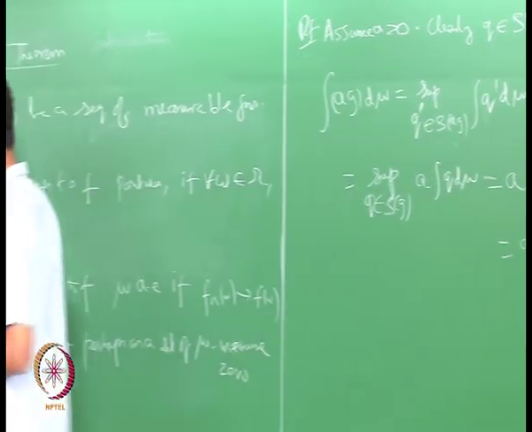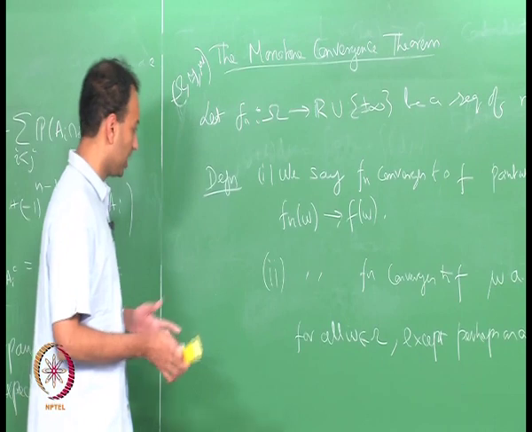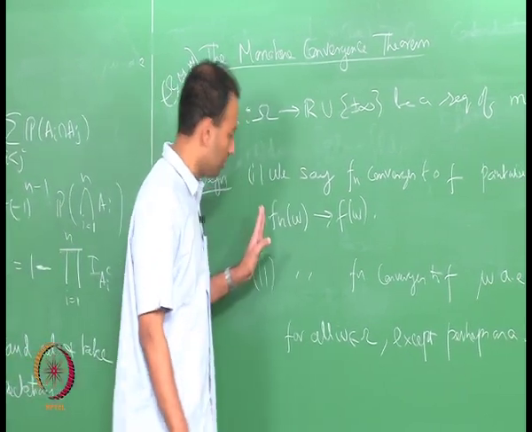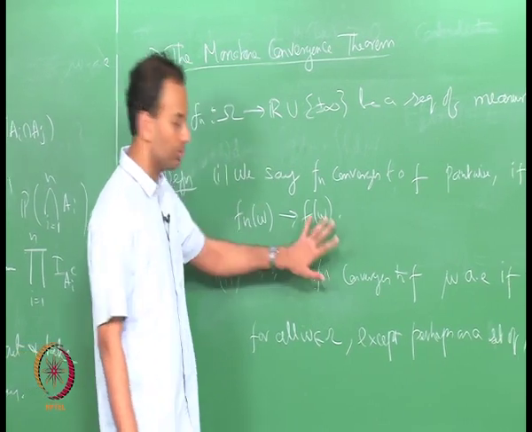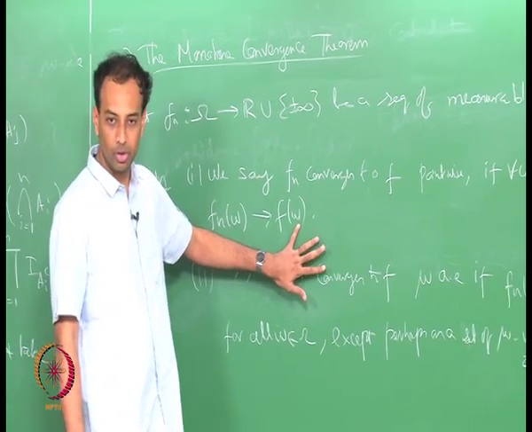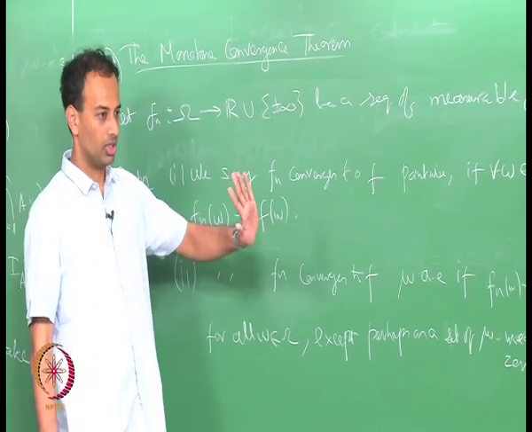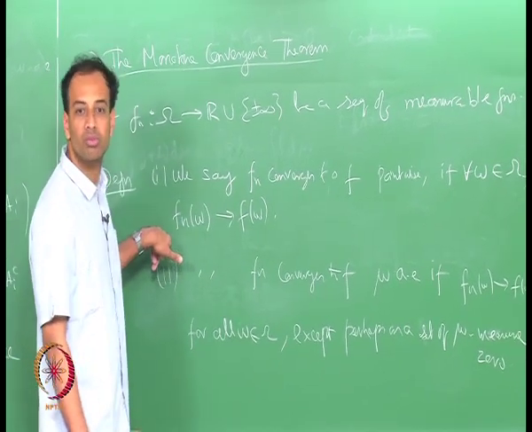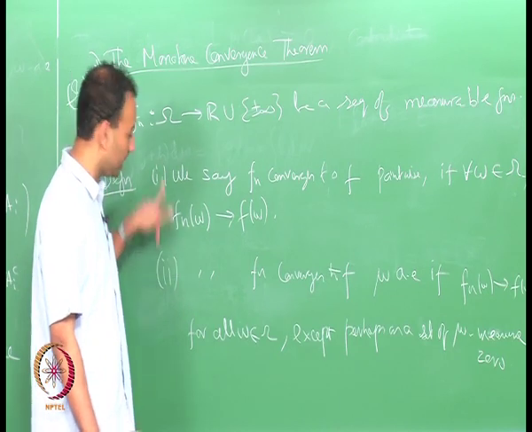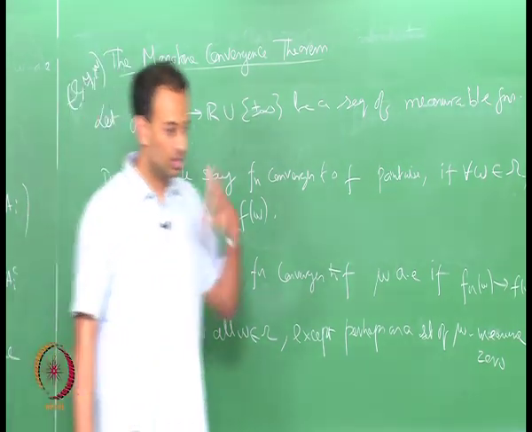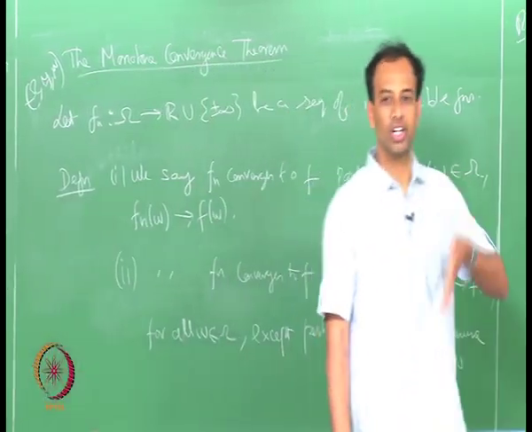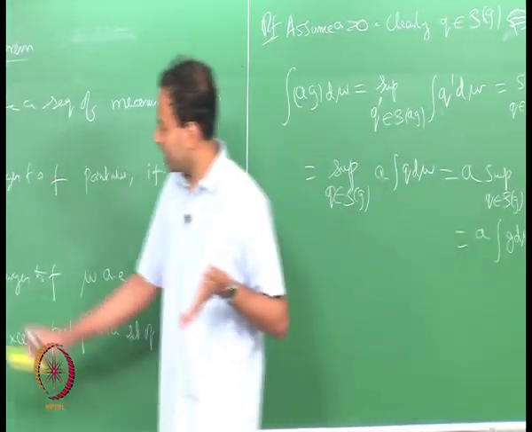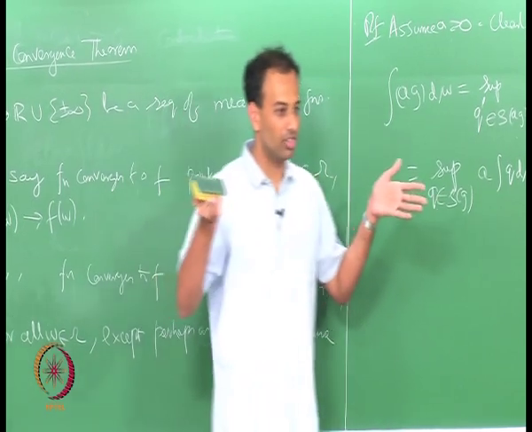So this is pointwise convergence. Now the issue is that if you have measurable functions converging pointwise, the limit f of omega is always measurable. Now the question is, if you integrate f n d mu, you get a sequence of real numbers: integral f 1 d mu will be some number, integral f 2 d mu will be some number.